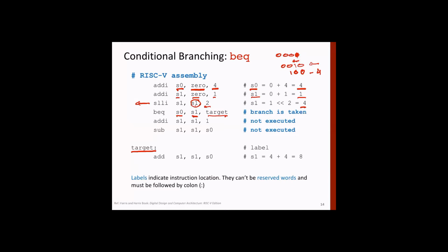It means that these two instructions will not be executed. If this condition is met, the next instruction to be executed will be at the label target. As a result, this instruction will be executed, where the value of S1 becomes the addition of S1 and S0. S1 we know is 4, S0 is 4, so S1 will now have value 8.